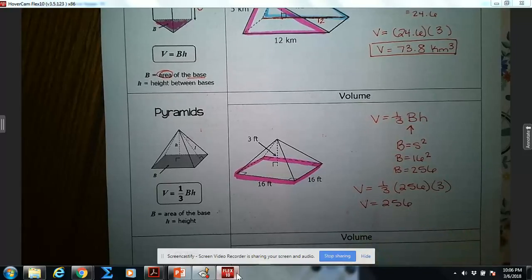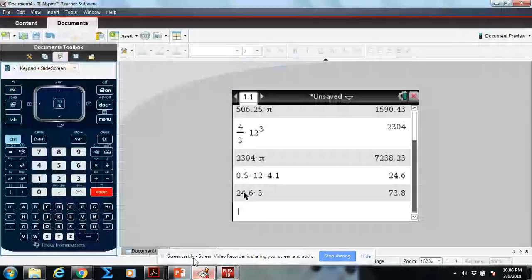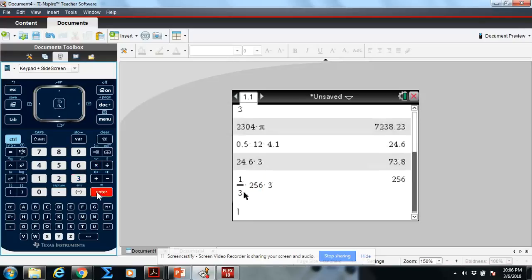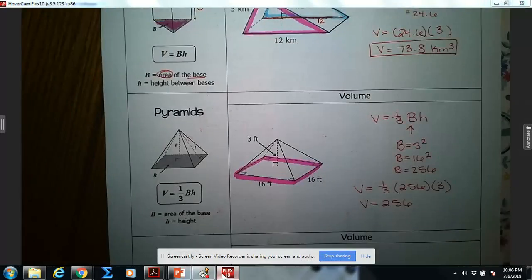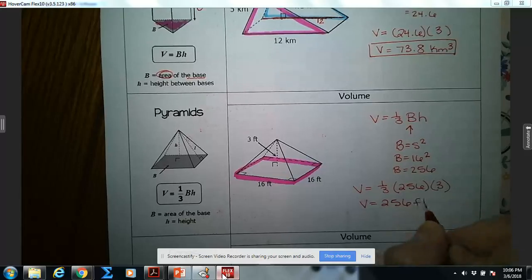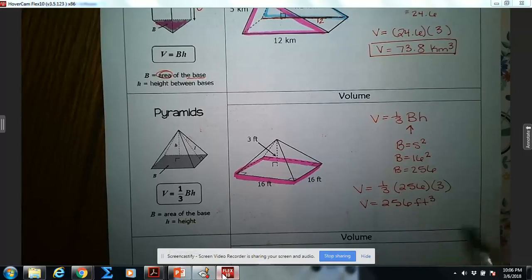Now, if you don't believe me, let's go over to the calculator. 1/3 is a fraction. 1/3 times 256 times 3 is 256. That 1/3 and 3 just ended up canceling each other out. So the volume is 256 feet cubed.